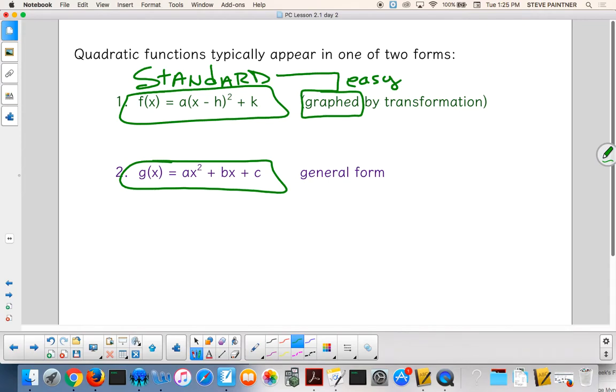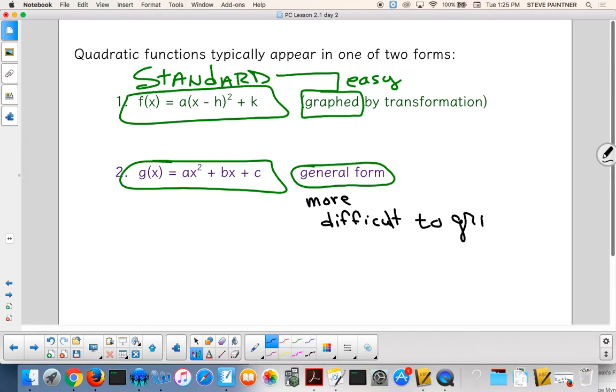Now this method is called the what method? Or sorry, what form? General form. And to graph out of this is, I'm just going to say, more difficult. Okay, and there is a little secret to this one.